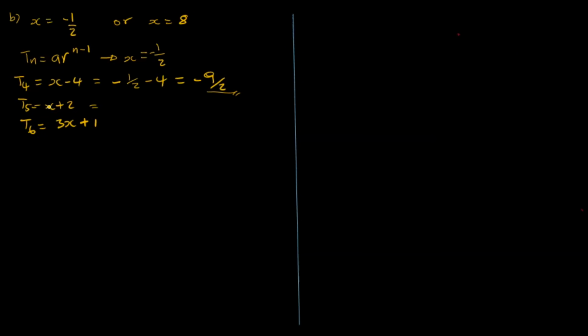Therefore, T5 is x plus 2, where x is minus 1 over 2. T5 will therefore be 3 over 2. The last one, so we are defining the terms: T4, T5, T6.